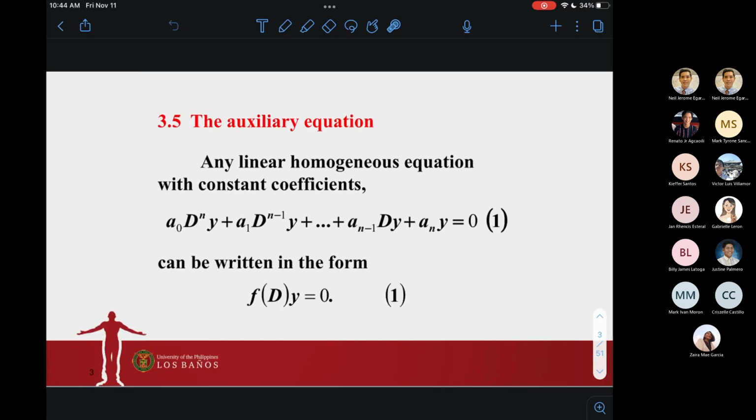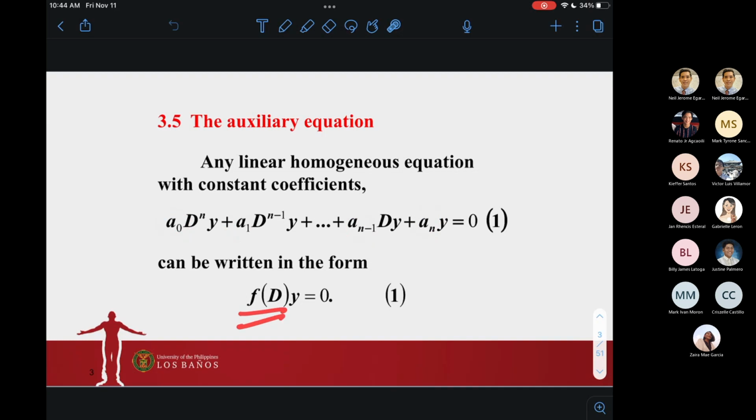Now, we go back. So, ang requirement dito dapat yung ating GLDE, alright, ay merong auxiliary polynomial na constants lamang yung coefficient. Alright? So that means wala dapat variable na coefficient yung ating mga derivative operators.